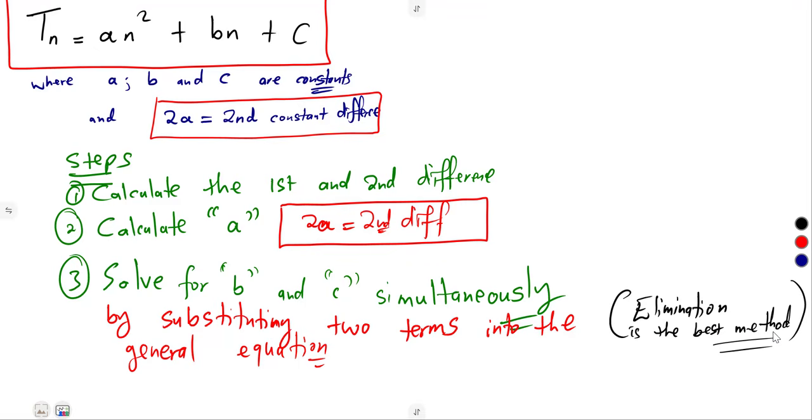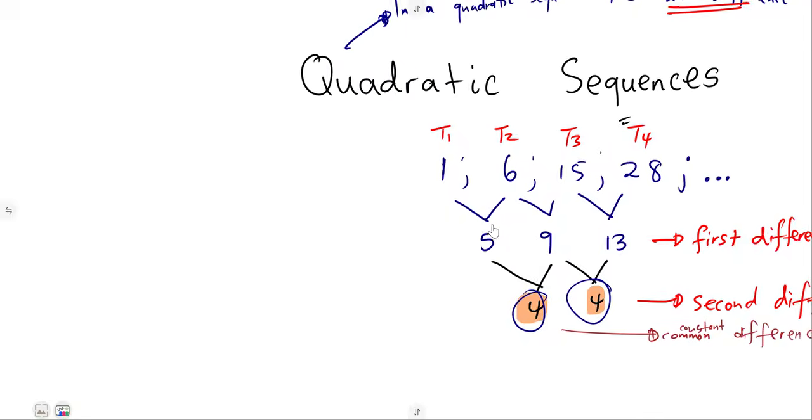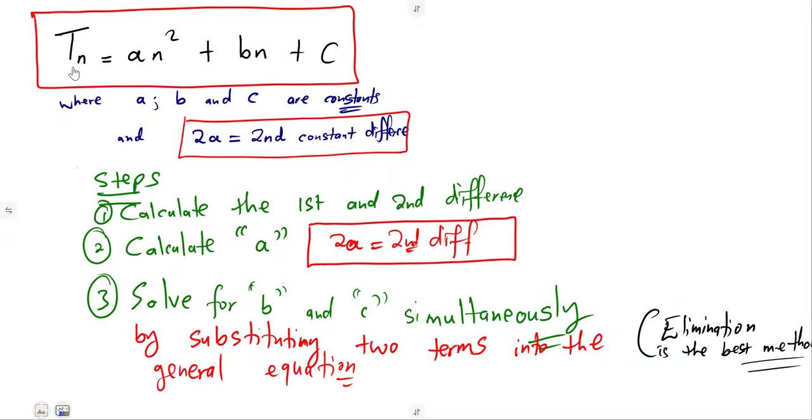No, guys, there are so many ways of solving simultaneous equations. This one is a presentation on its own that you must understand. I'm going to come back here and try to solve one or two problems that we might work with. Remember, we need to find the Tn, the general nth term.